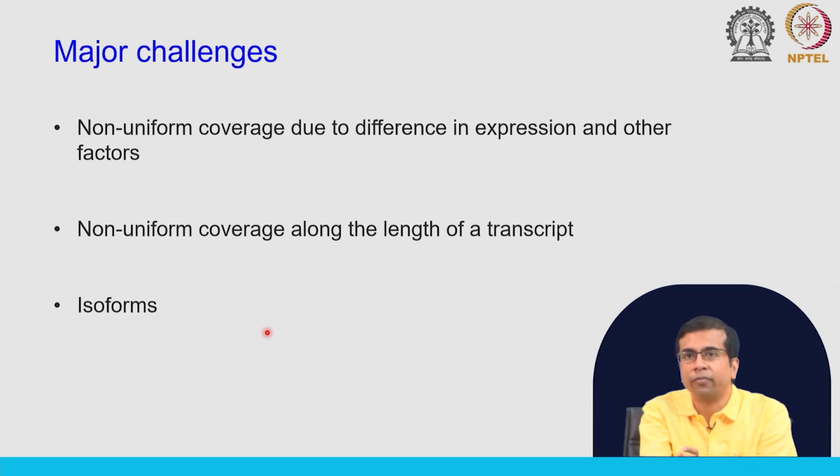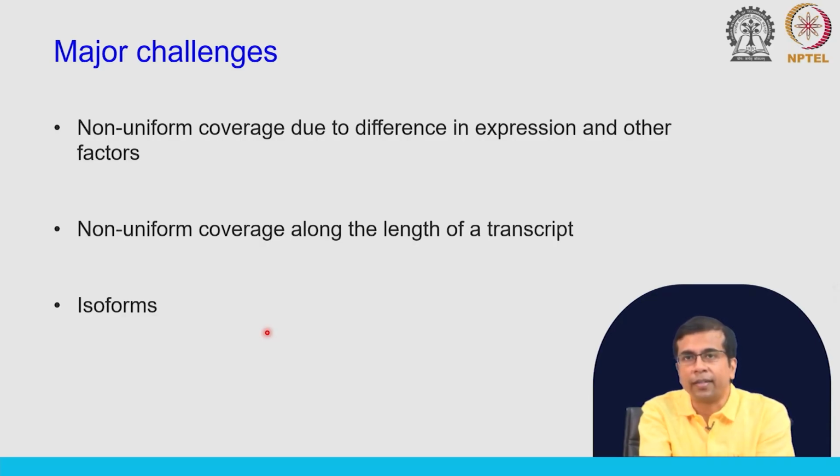Why am I focusing on these reads? Because these reads will tell us which exons are being connected. So, splice junctions will tell us whether some exons are connected or whether some exons are skipped. These reads that map to the splice junction are very, very important for identification of isoforms.